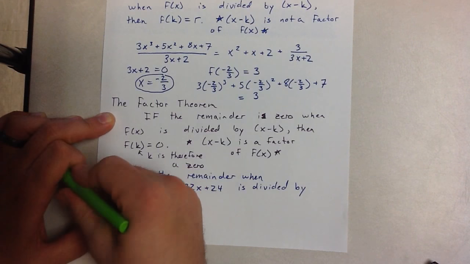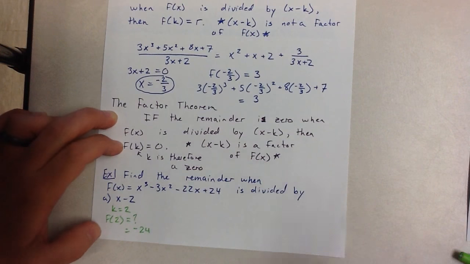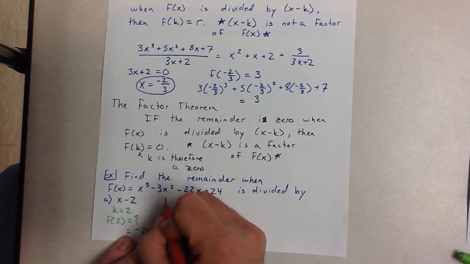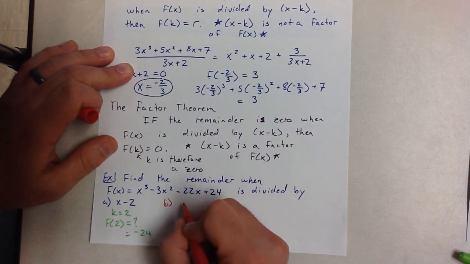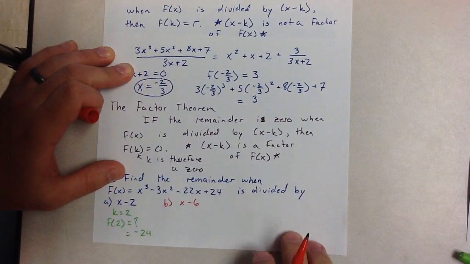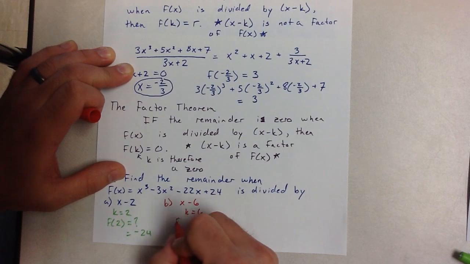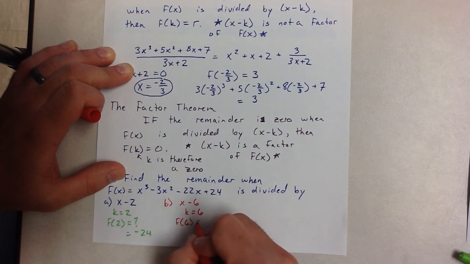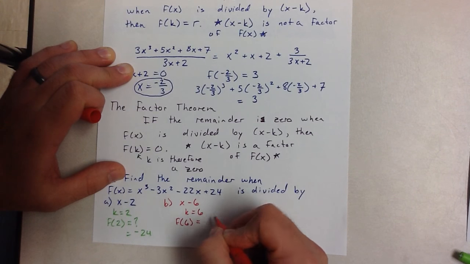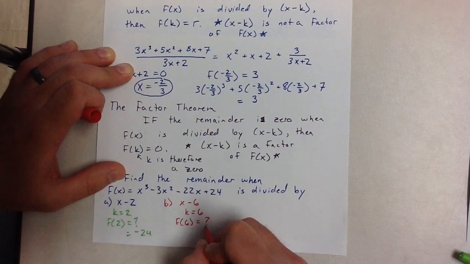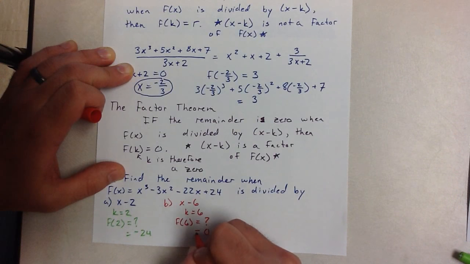So we're going to talk about what else we can say. Let's look at another example. Let's say we divide by x minus 6. Again, our k would be positive 6. Place positive 6 into our function. Doing the calculation, we find that we get 0.